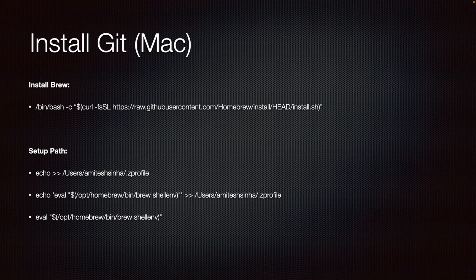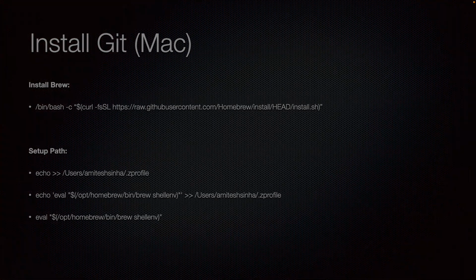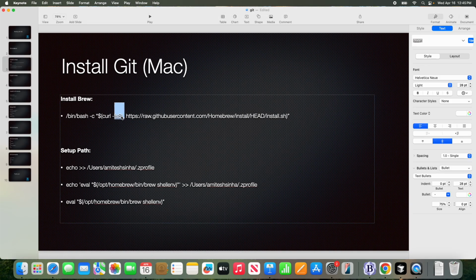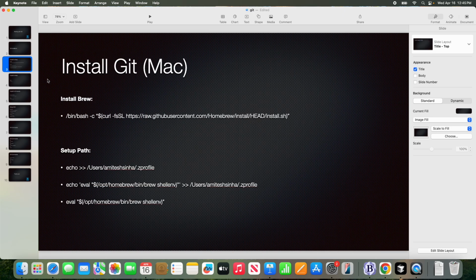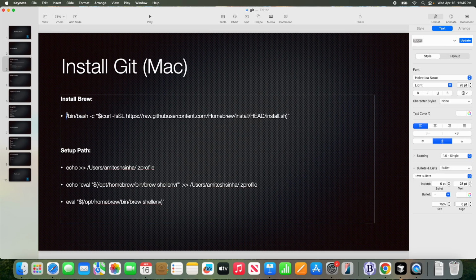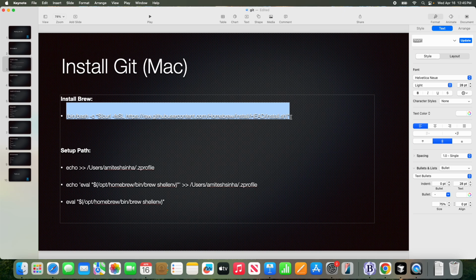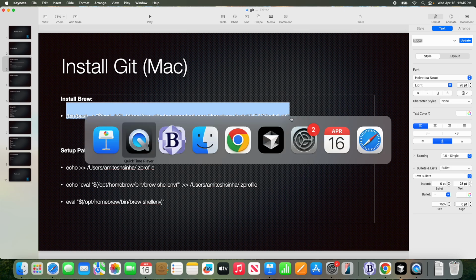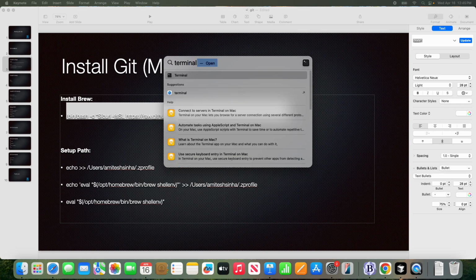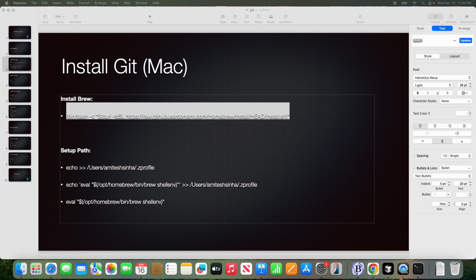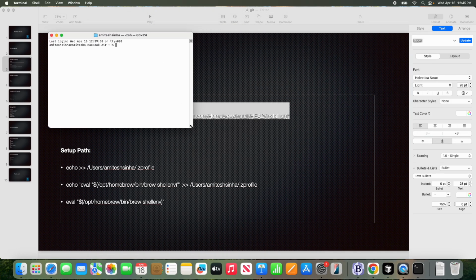So coming back to Mac here, the first command is /bin/bash. And so I will take this one and walk through this with you so you can see how it feels. So open the terminal. Terminal opens this window. Let me bring it in here.